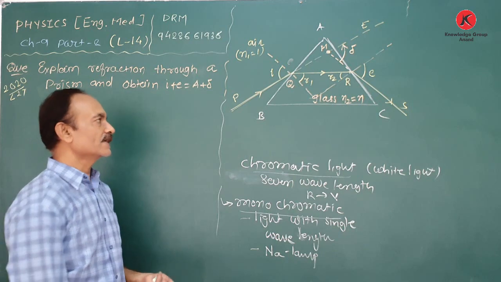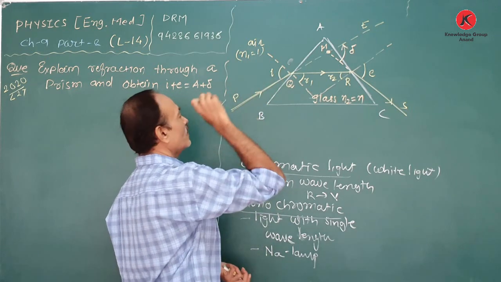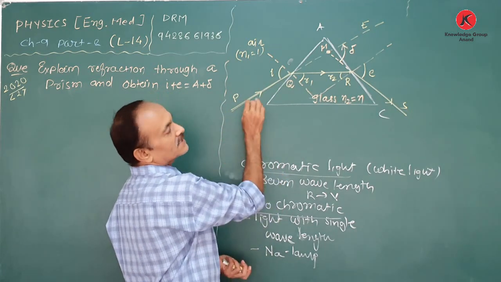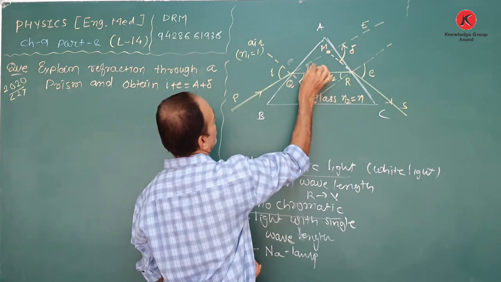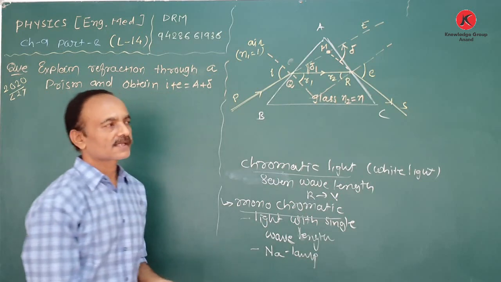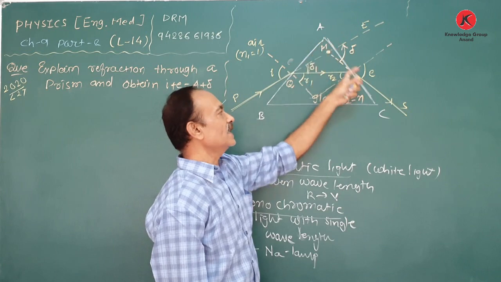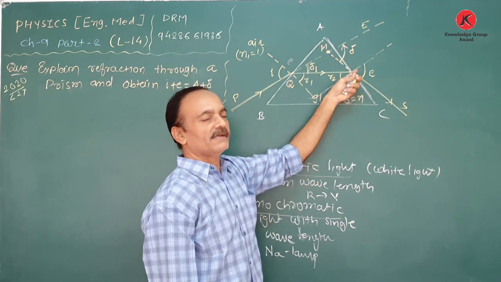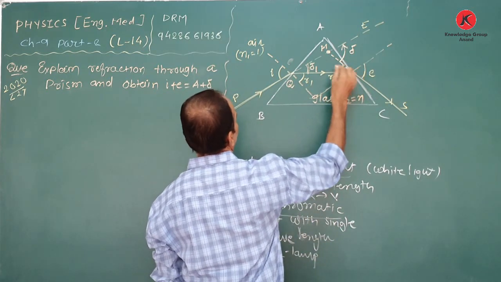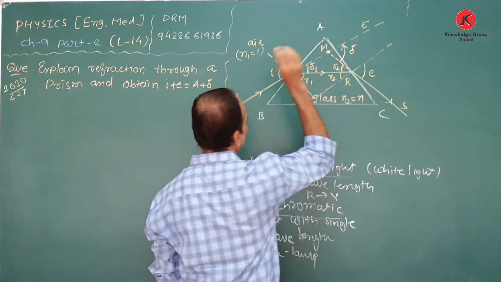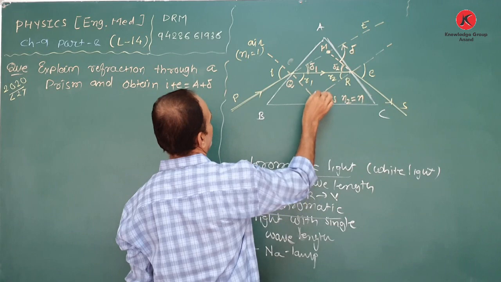Now, at point Q on surface AB, when the monochromatic light ray is refracted, its path is deviated by angle delta 1. Similarly, when the QR ray is incident at point R on surface AC and refracted, its path is deviated by angle delta 2.